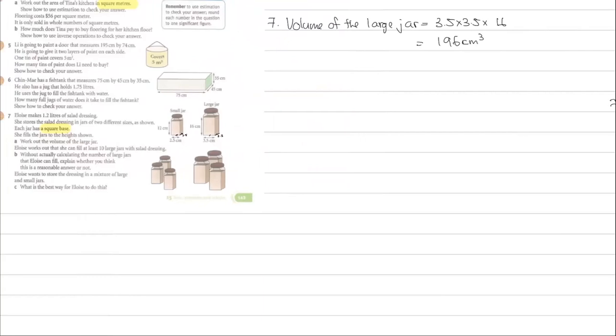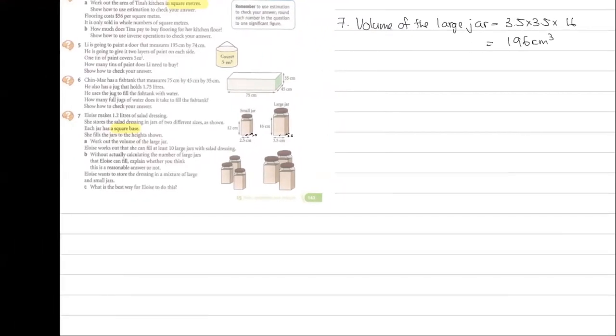Well, you don't need to calculate because when you take 1.2 liters, which is 1,200 milliliters, and divide it by 10, it means you split it into 10 jars, 120 milliliters each jar, right? So do you think it is possible or not?